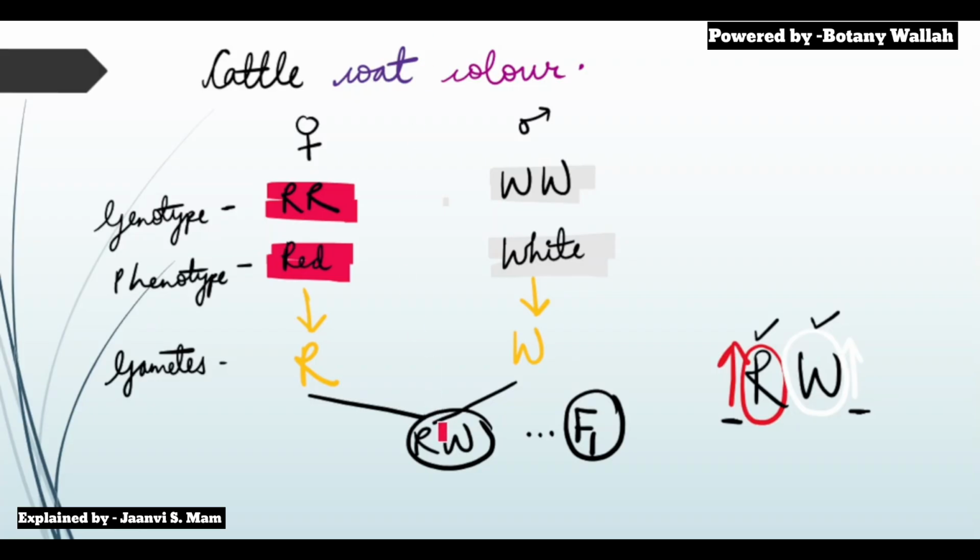So here there is the effect of capital R and also the effect of capital W. So what will happen if you see the organism? Suppose this is a coat color, a patch of it.